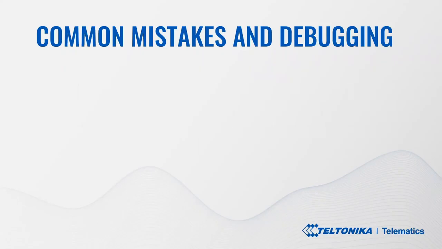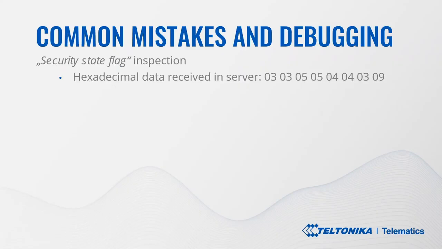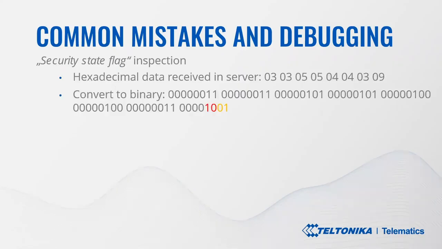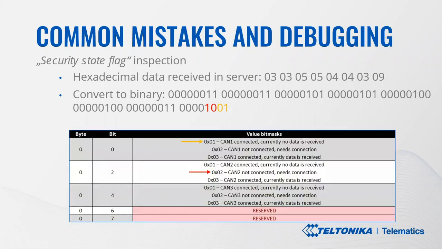To do this, basically you will receive the element and a hexadecimal value with it. Afterwards, you convert it to the binary and parse from right to left. There are possible values that will be returned, so you can follow our information in wiki on security state flags.